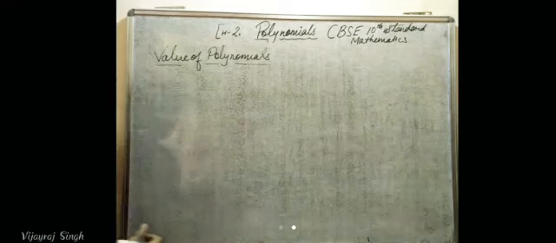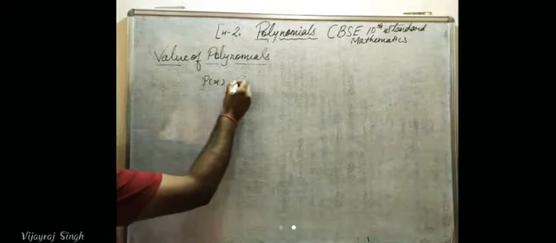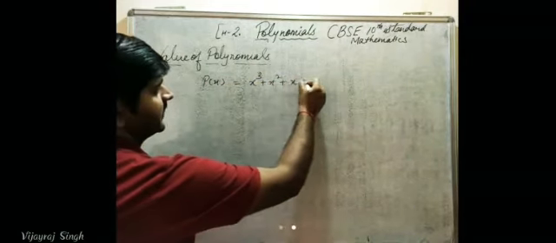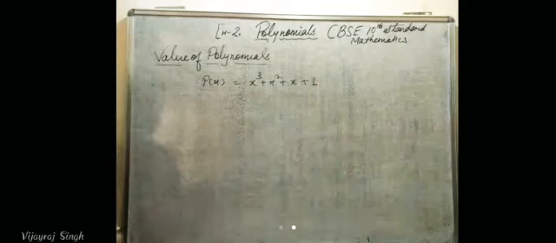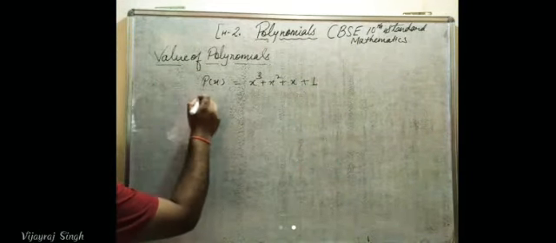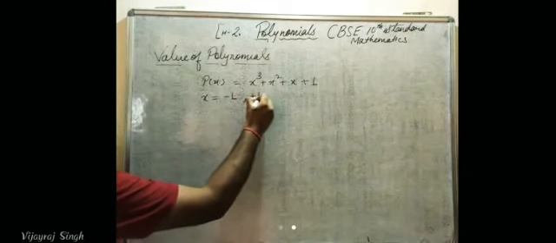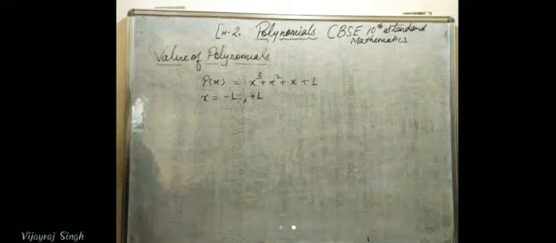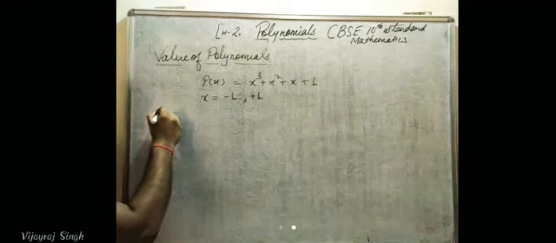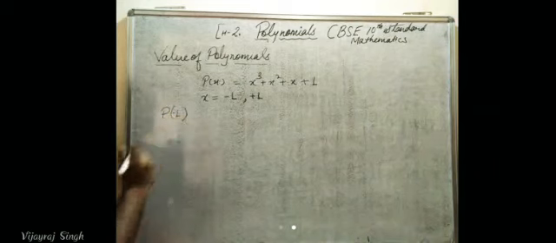It's so simple. Suppose a polynomial is x cube plus x square plus x plus 1, and we have zeros of the polynomial, meaning x equals minus 1 and plus 1, and we want to find out values of the polynomial. So first of all, I'll write p of minus 1.